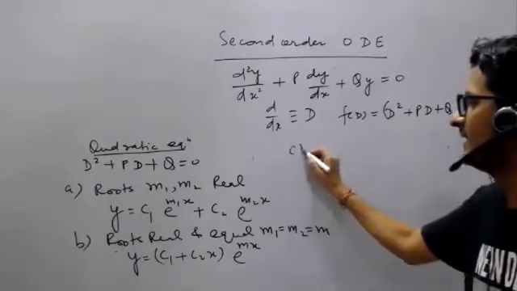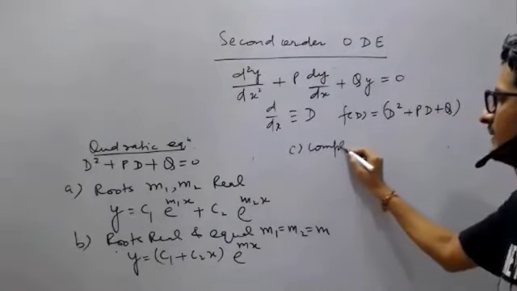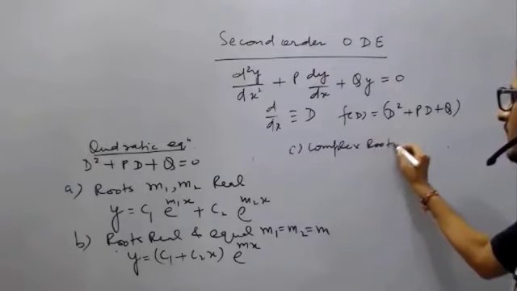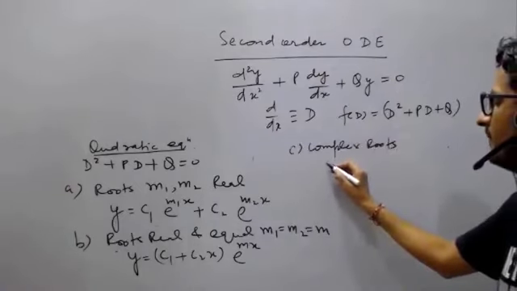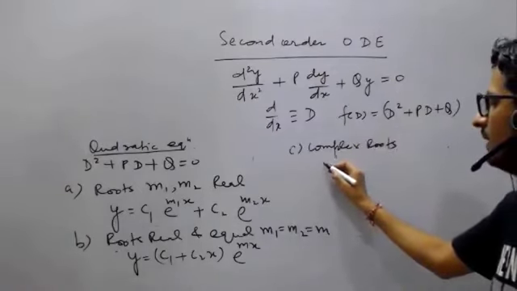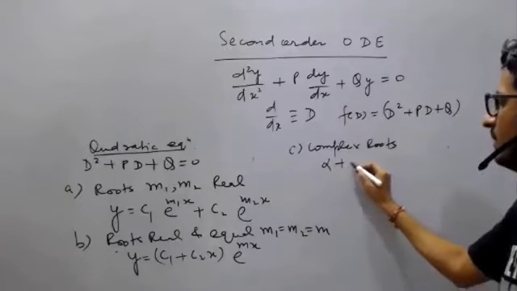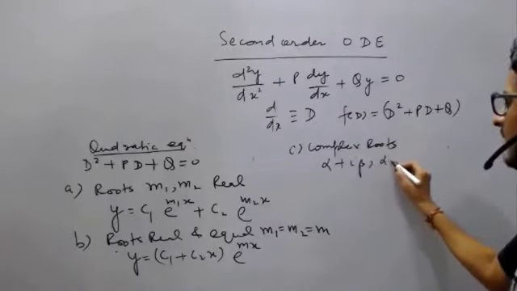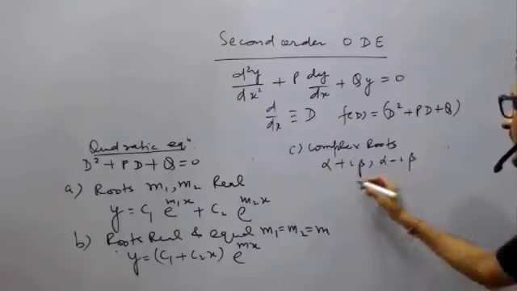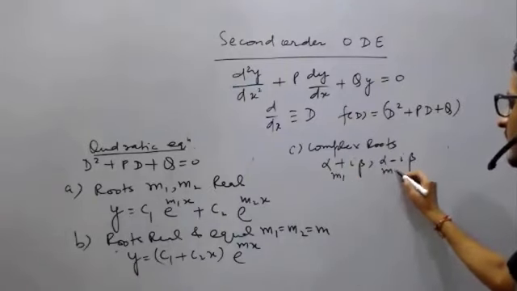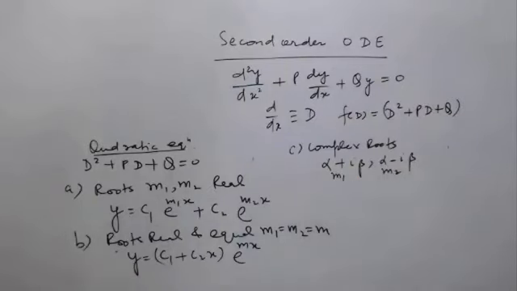Then the third case is that the roots are complex, and if the roots are complex, they will be of this form: alpha plus iota beta and alpha minus iota beta. These will be the two roots if the roots are complex.